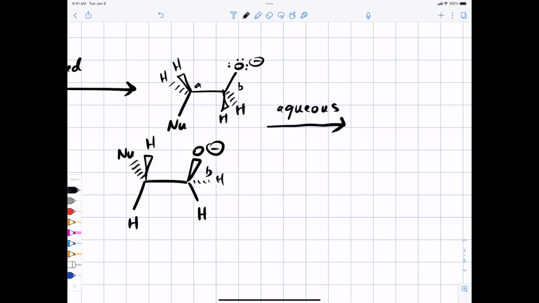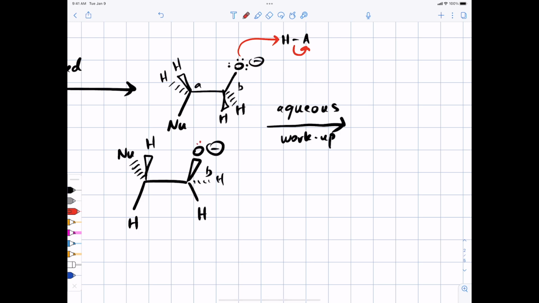Sometimes the water is acidic, sometimes it involves sodium bicarbonate. Details don't matter, but aqueous workup provides an opportunity for you to pick up a proton on a negatively charged oxygen. Presumably, whatever you're using for aqueous workup involves some kind of acidic proton that's at least acidic enough to protonate a negatively charged oxygen.